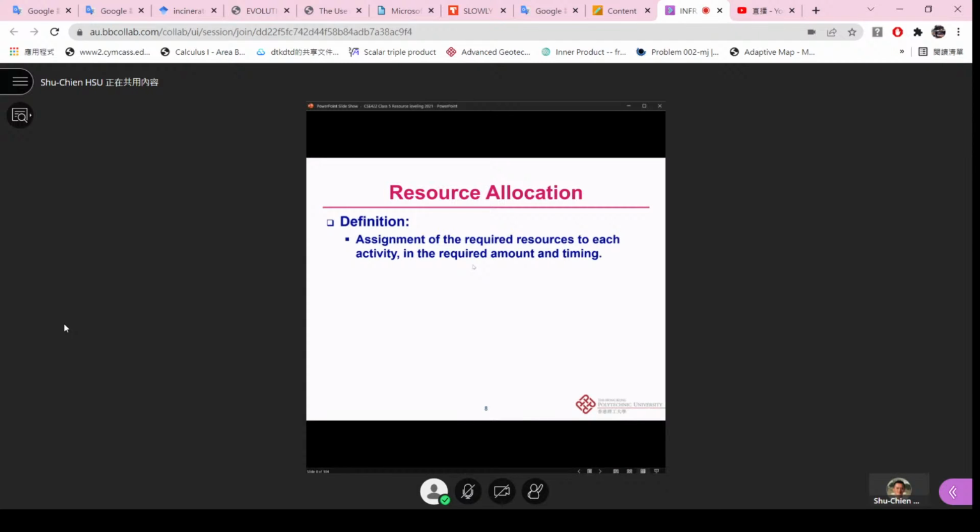After we assign those resources, we can know, depending on this information, what amount of cost should be put into a task, or how long the possible duration is for that specific task. So after you do the resource allocation, you can identify these two: the cost and also the time for the specific tasks.